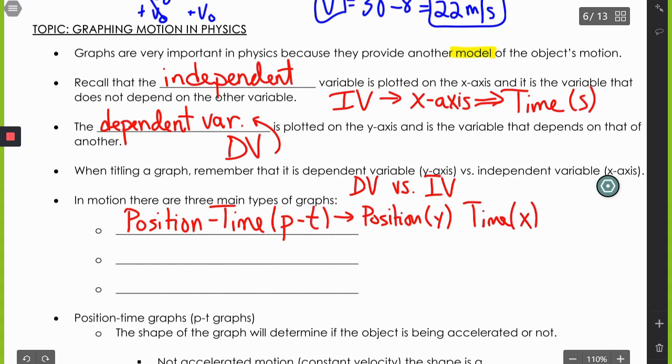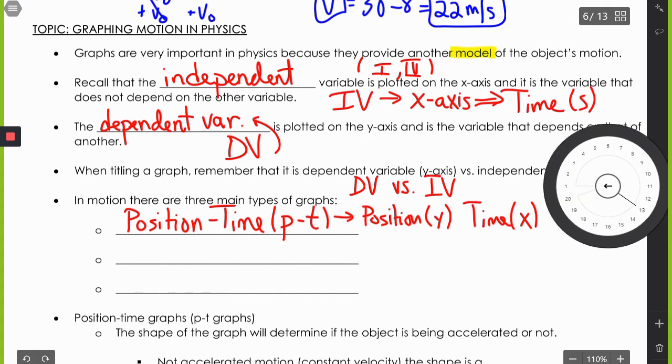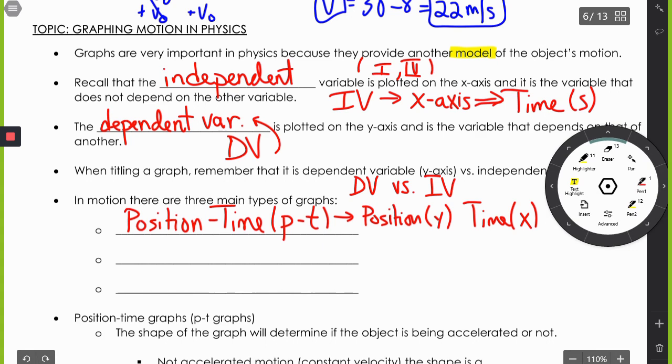For the most part, physics will graph in the first and fourth quadrants, because time is our variable, and that's where quadrants 1 and 4 are, where the x-axis is positive.